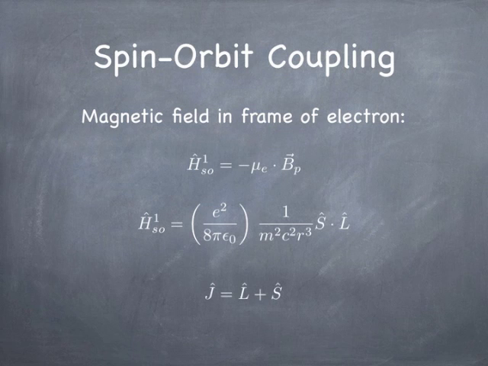Now the total angular momentum J is L plus S, and what we're going to find out is that while L no longer commutes with the Hamiltonian, and S does not commute with the perturbation, the sum of the two, J, does happen to commute with the perturbation.